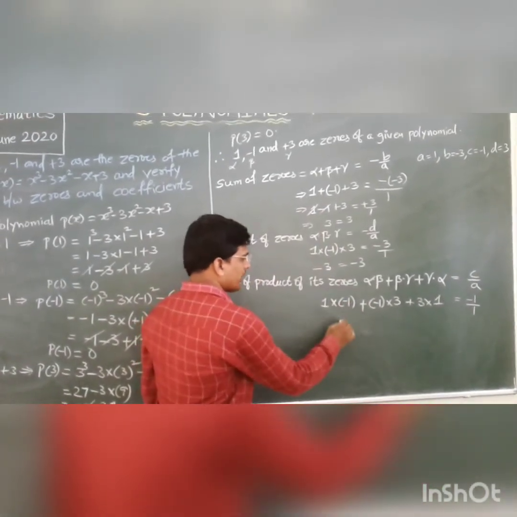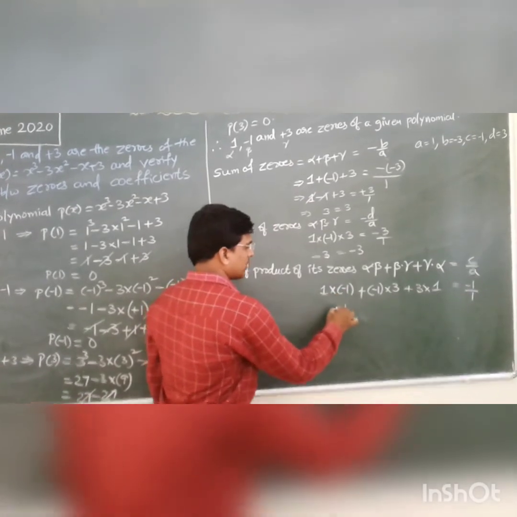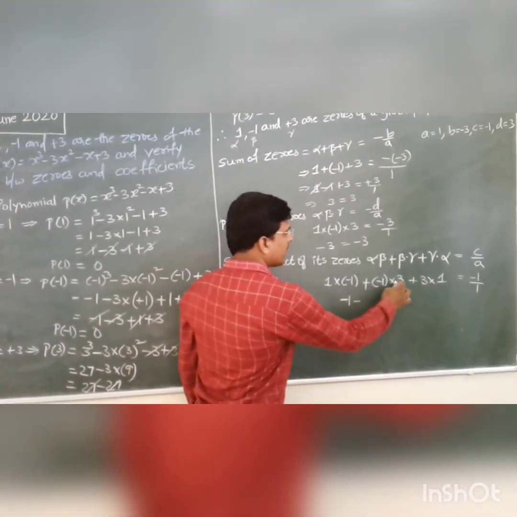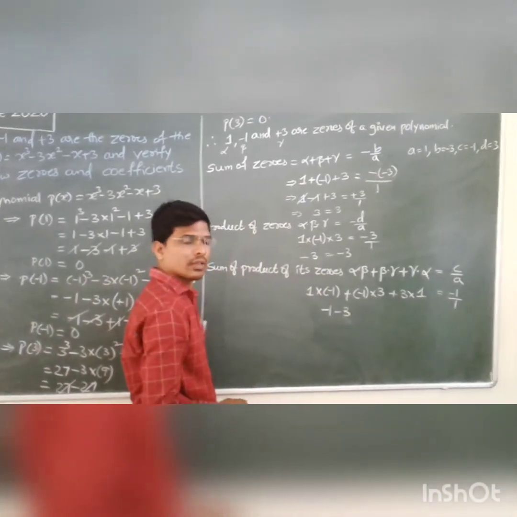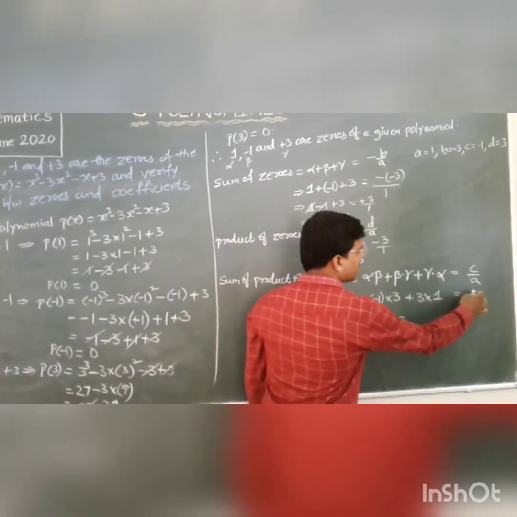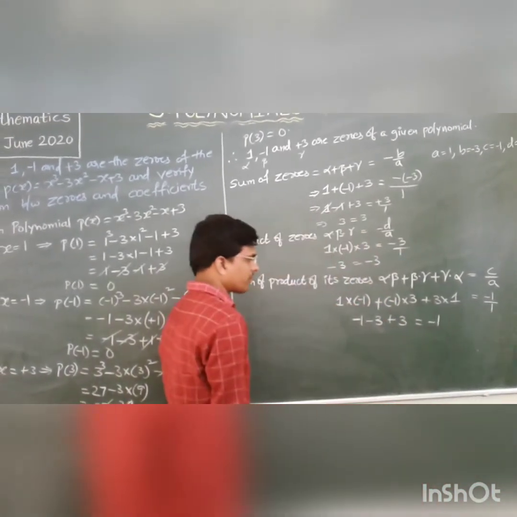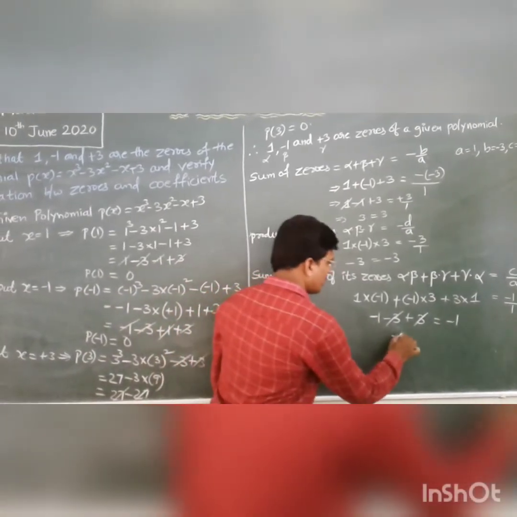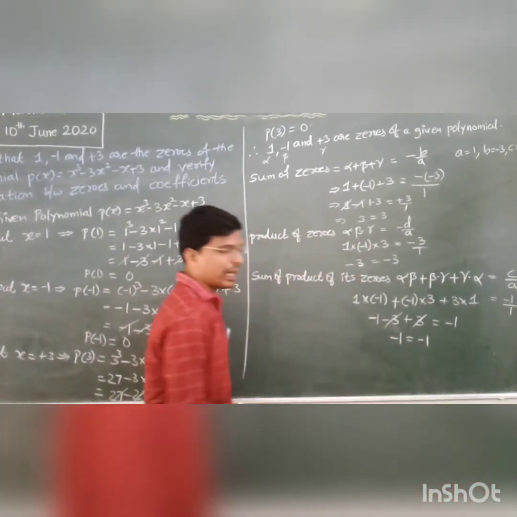So 1 into 1, 1 plus into minus, minus. Next, plus into minus, minus 1 into 3, 3. Plus 3 into 1, 3 is equal to minus 1 by 1, minus 1. See, minus 3 plus 3 will be cancelled. So I am left with minus 1 is equal to minus 1.